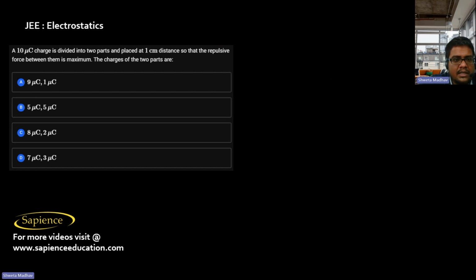Here it is told a 10 microcoulomb charge is divided into two parts placed at 1 centimeter distance so that the repulsive force between them is maximum. Charges of the two parts are?